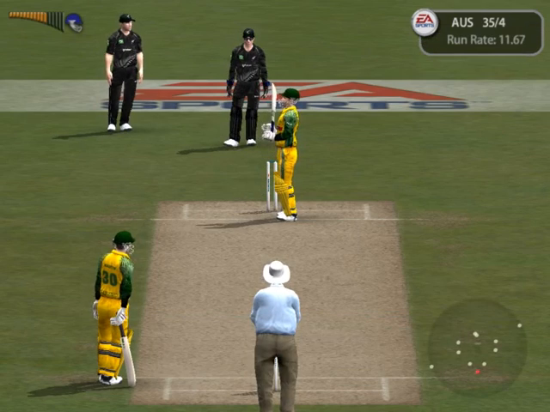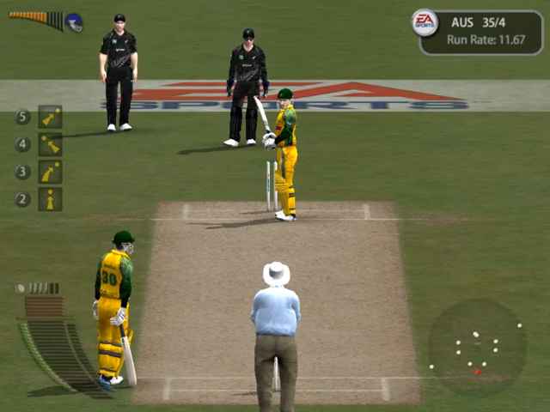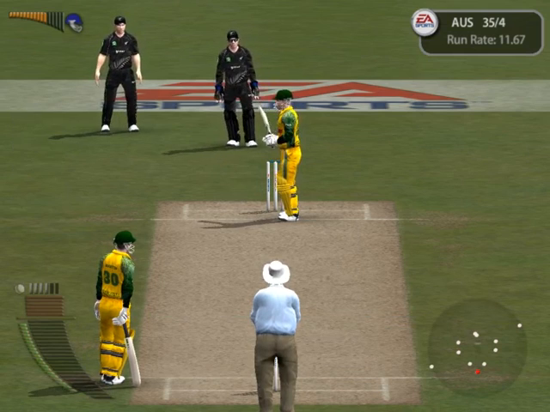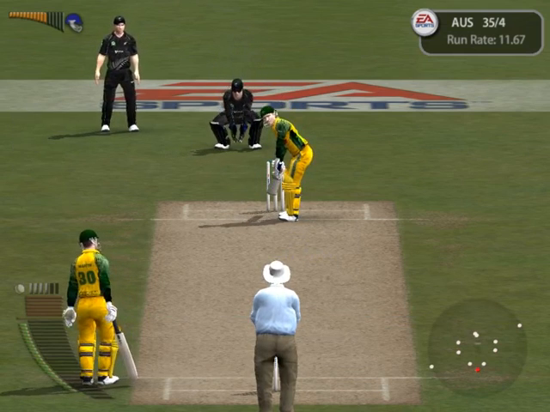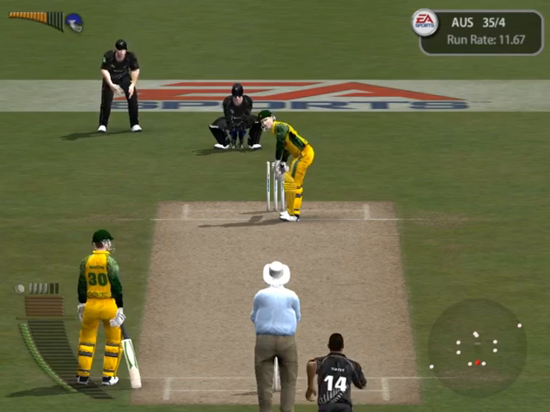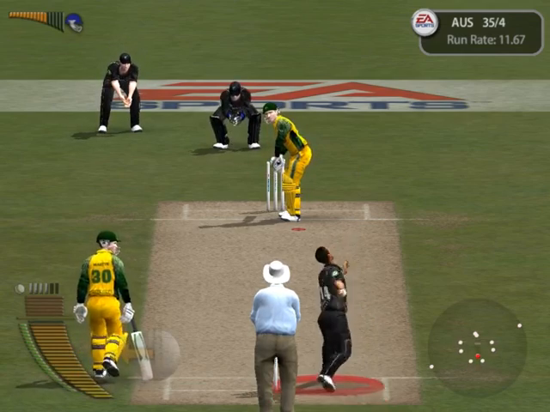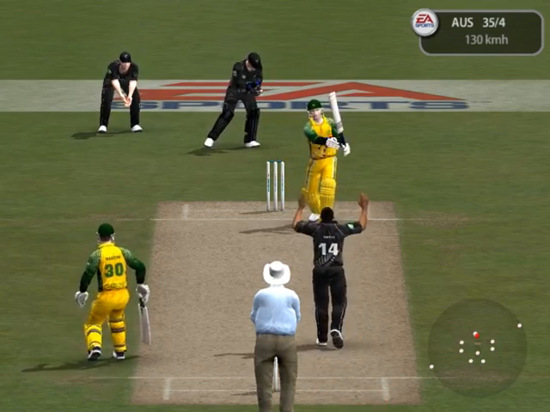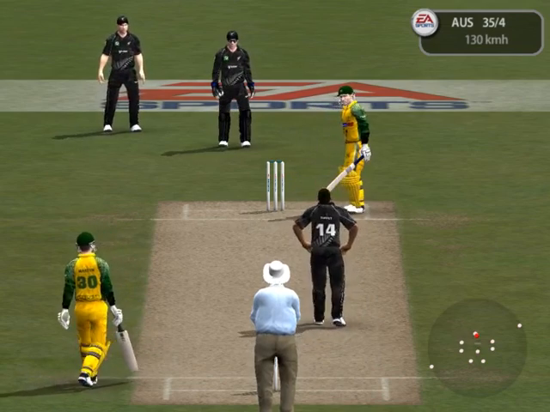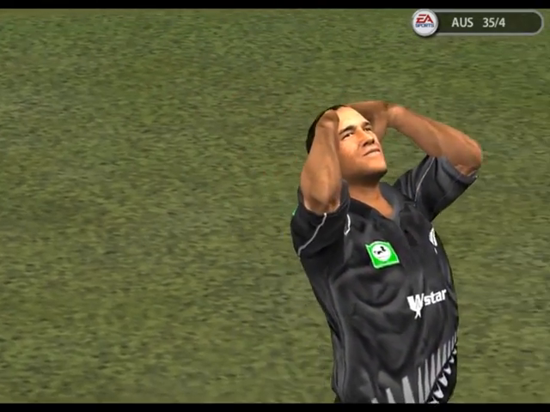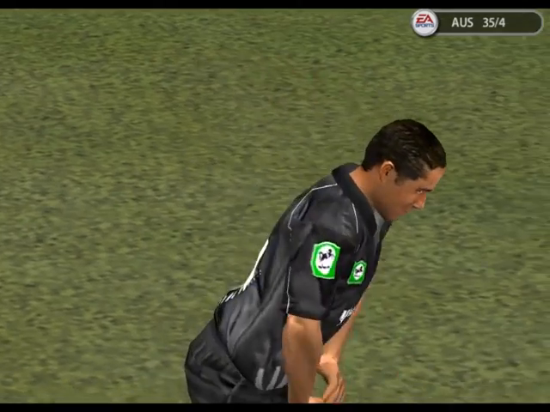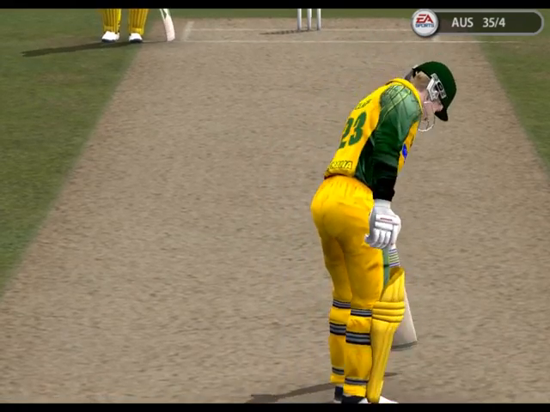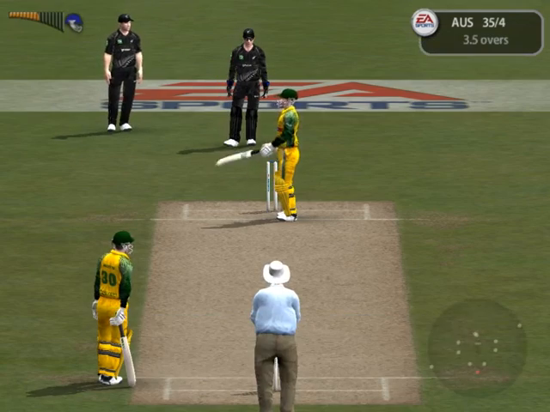Clark facing. Excellent bowling by Tuffy. Tuffy continues.